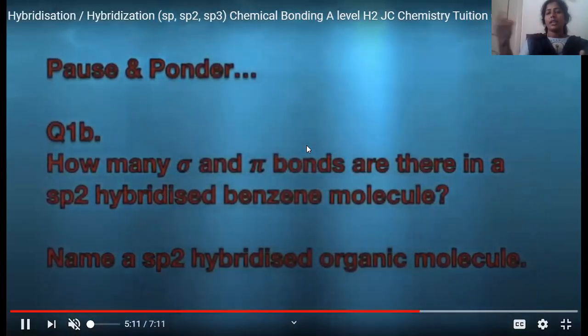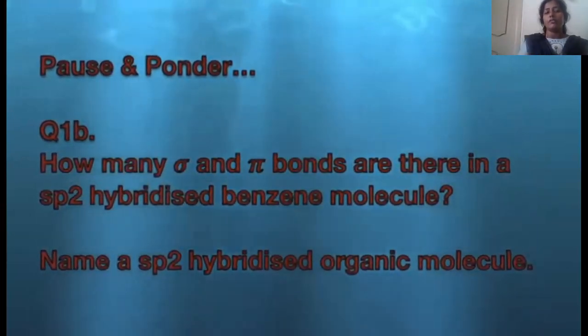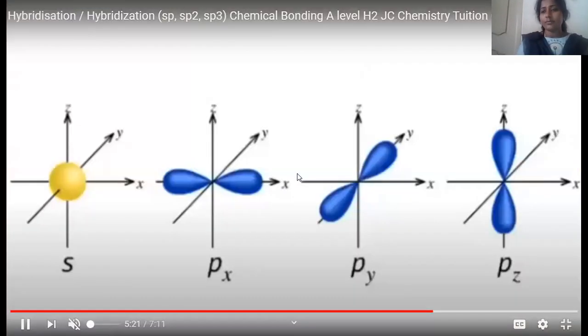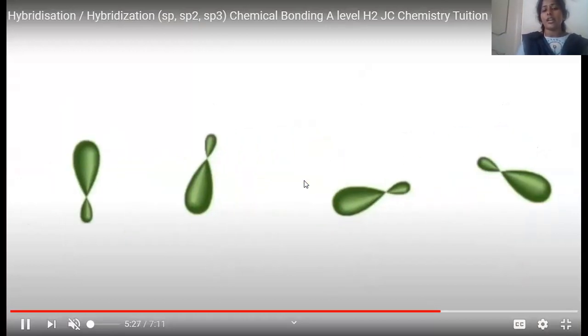So those pz orbitals on each carbon atom of benzene are involved in pi bond formation above and below the plane, so that we will get a pi delocalized cloud above and below the plane in the benzene molecule.